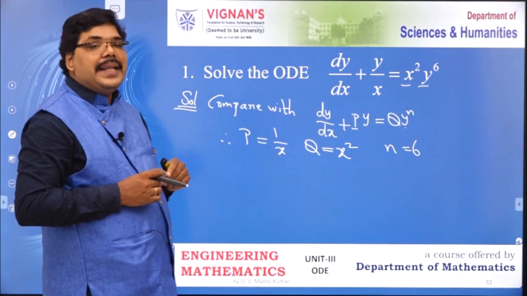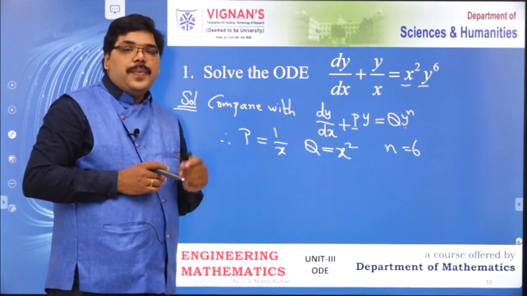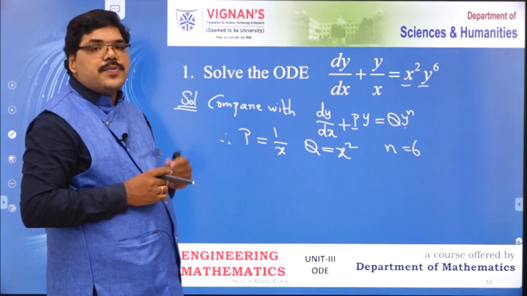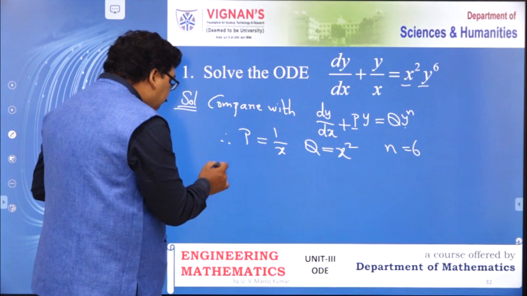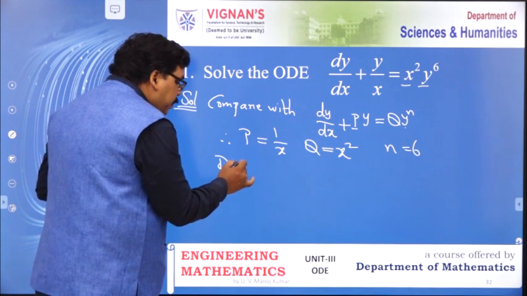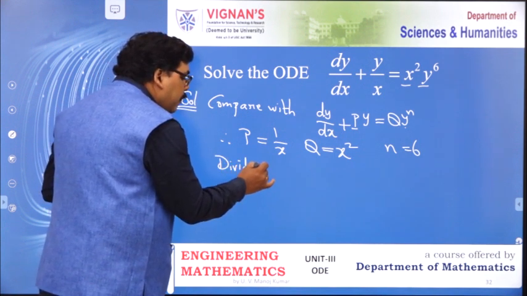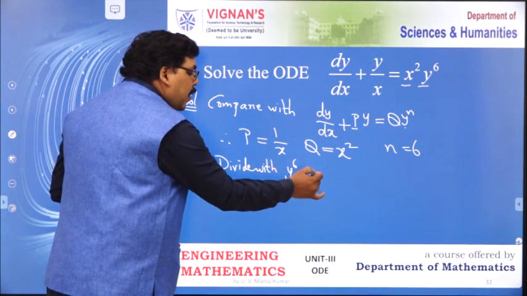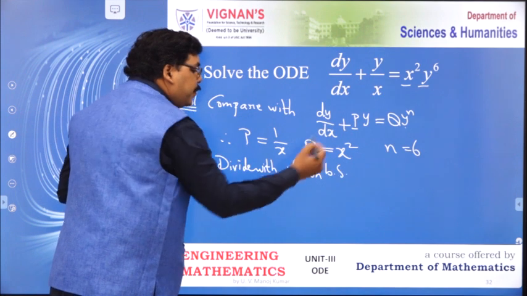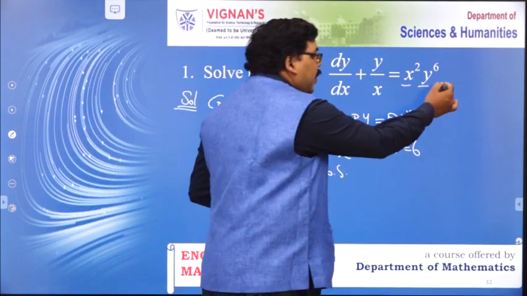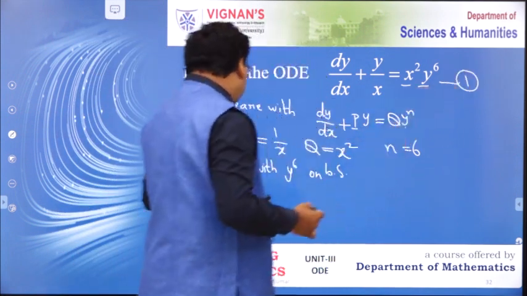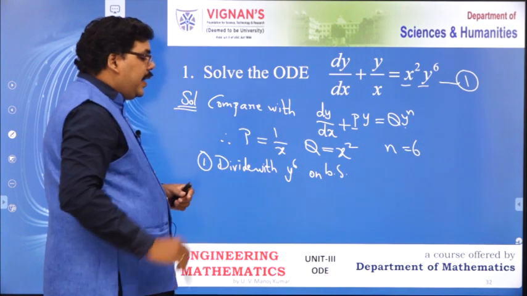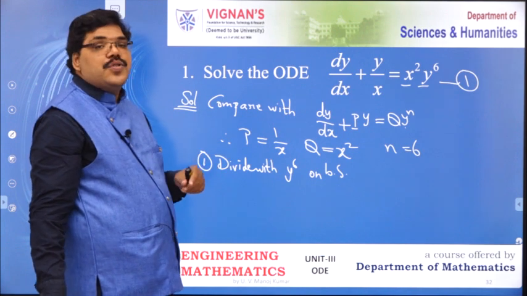So divide the entire given differential equation with y power 6 on both sides. Let us write this as equation 1.